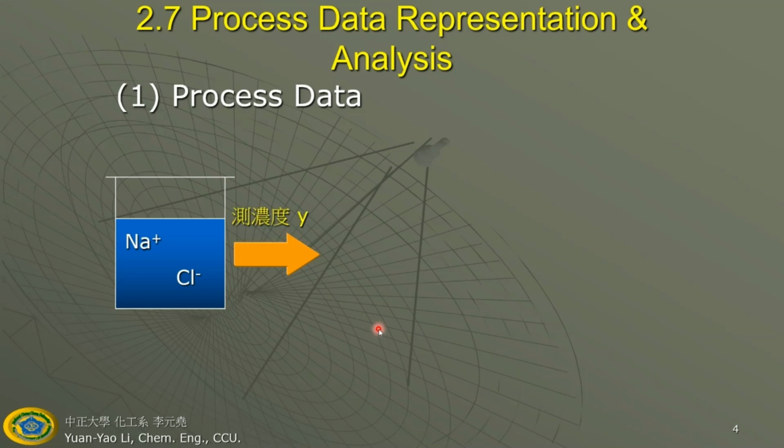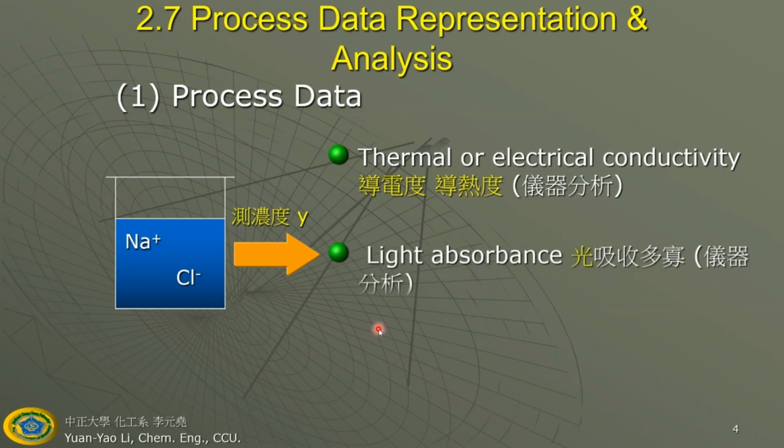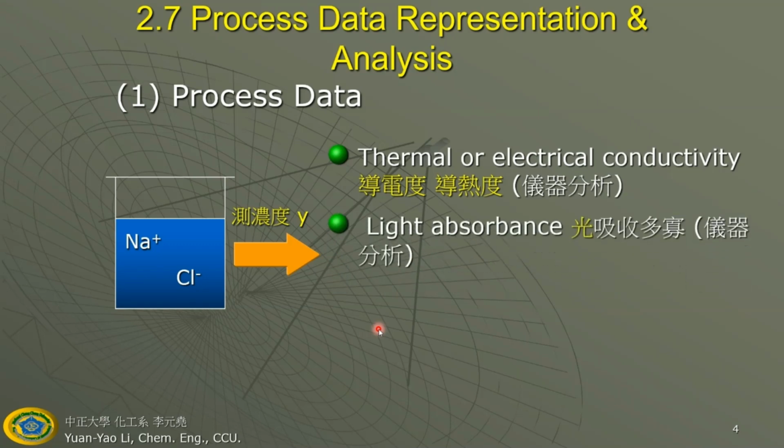If I want you to measure the concentration of this sodium chloride, how can you do that for me? You might say, well, Professor, this is easy. There are many instruments we can use. We can use thermal electrical conductivity to measure the concentration of the sodium chloride. Or we can use the light absorbance.